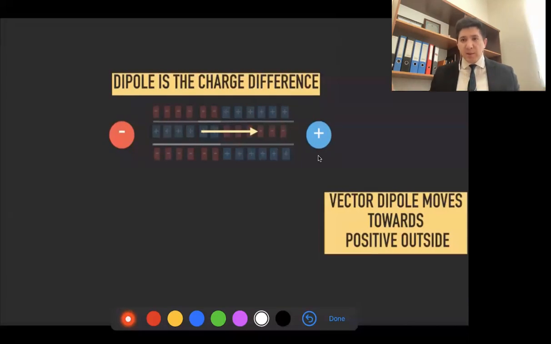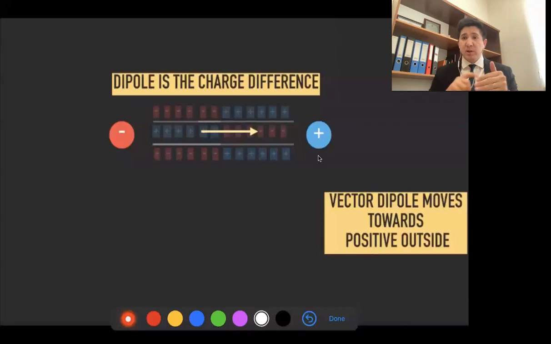Okay, and the length or the magnitude of this vector is proportional to the difference of the charge inside the cell. So the higher the difference, the bigger the vector, or the longer the vector. The lower the difference, the shorter the vector is. Okay, again, you put the positive and negative. The dipole is moving, so it always moves to the positive outside.